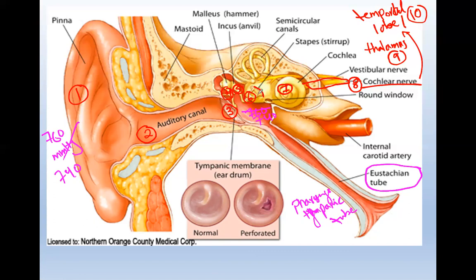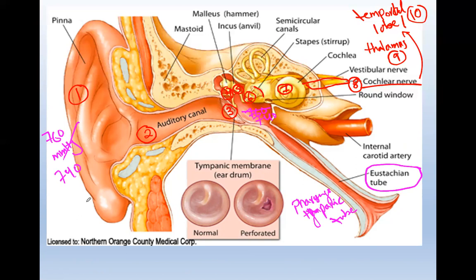So a lot of times you will have a buildup of infection in the middle ear, and that pushes pressure on the tympanic membrane. If there is way too much pressure because of a buildup of pus inside the middle ear, the tympanic membrane will break, allowing that pus to be released through the external auditory canal and out of the ear.